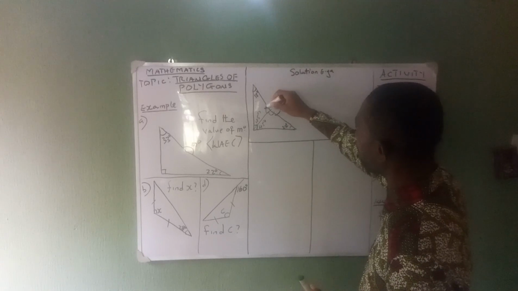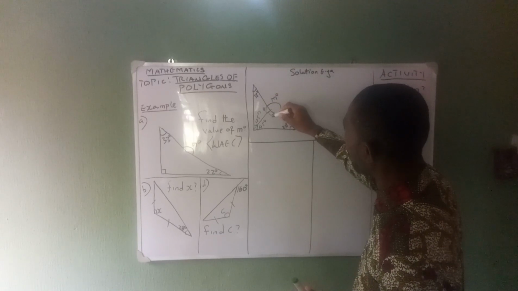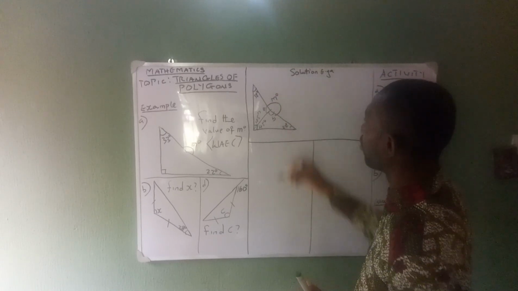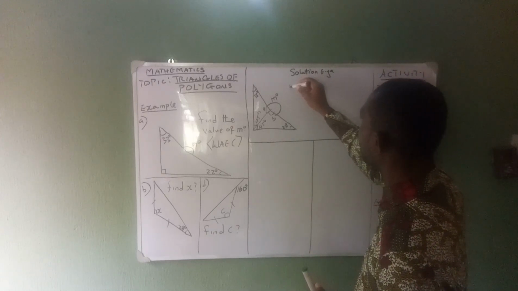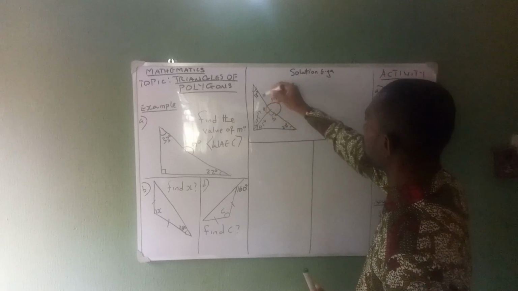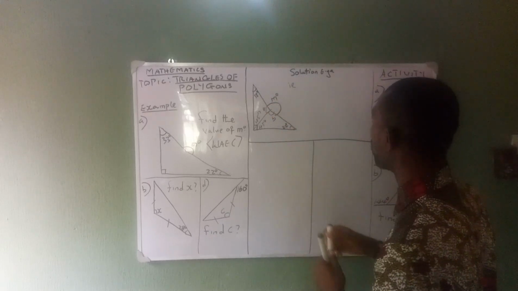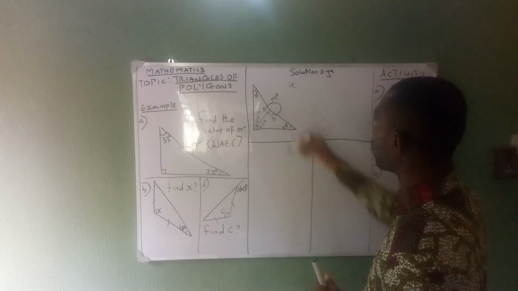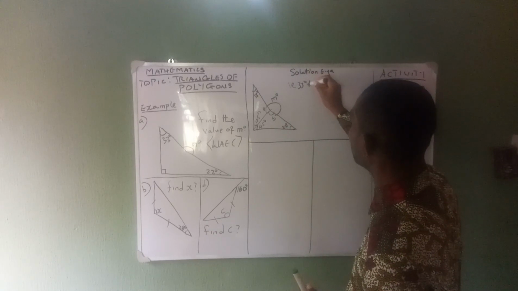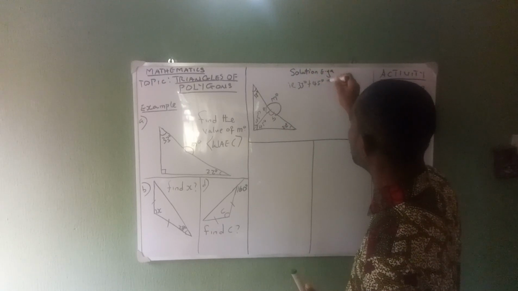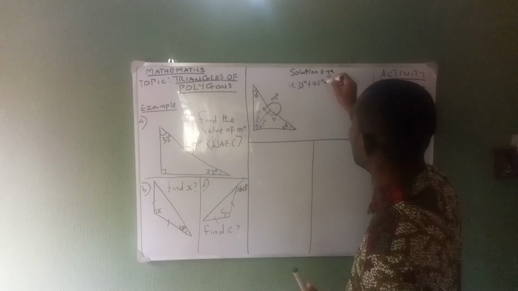Now let us call the angle here A and the angle here B. Remember, what you are looking for is M. Now, to get our M, we'll say that the sum of angles in a triangle is equal to 180 degrees.